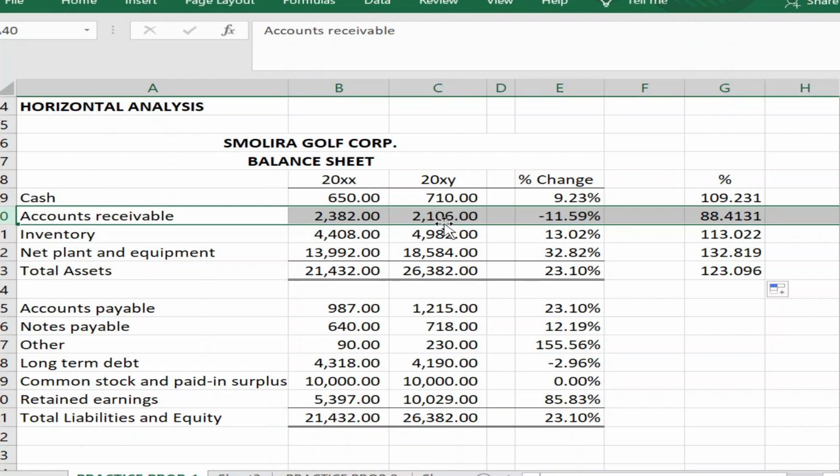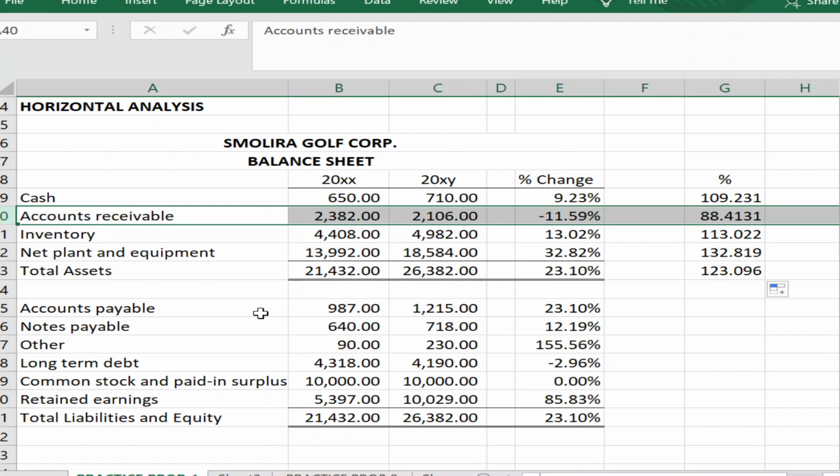And what could be the implication of the decrease? There may be several reasons, and we cannot pinpoint exactly what the reason is, since our information is limited to the amounts here. But we can say that it decreased from 20xx to 20xy. Is this good news or bad news?